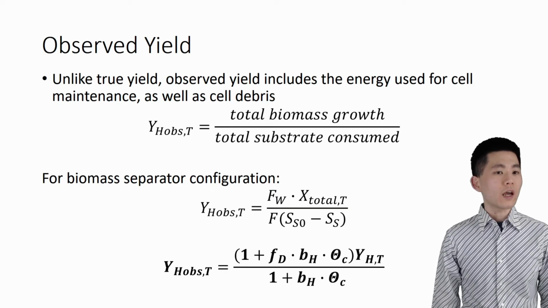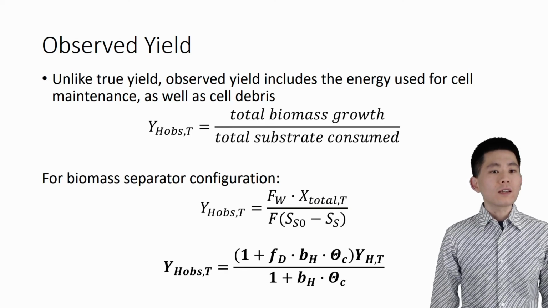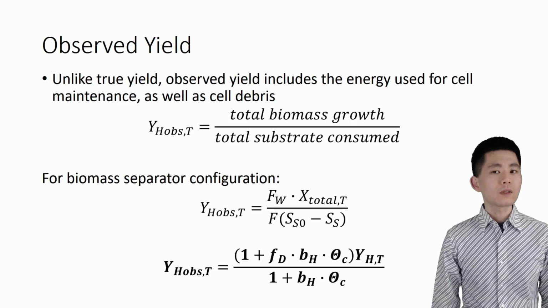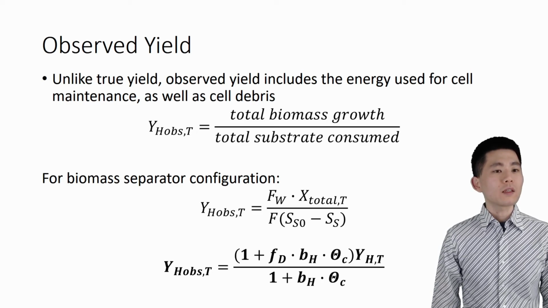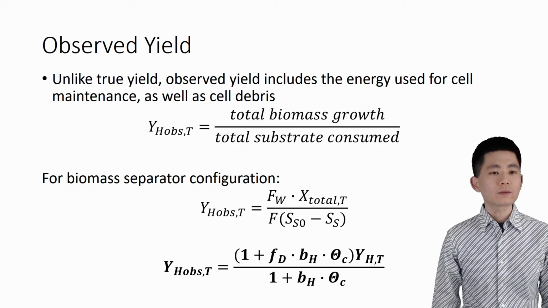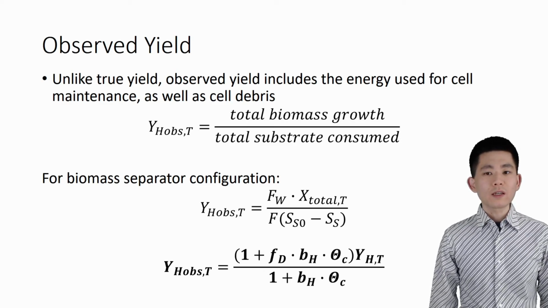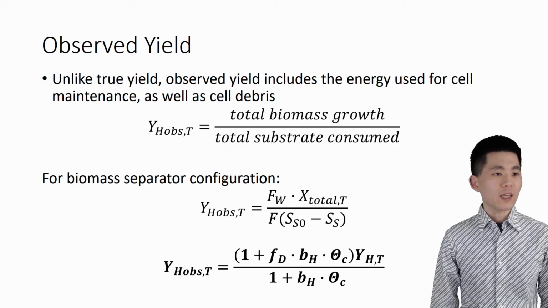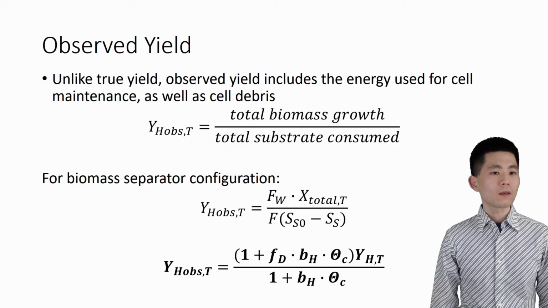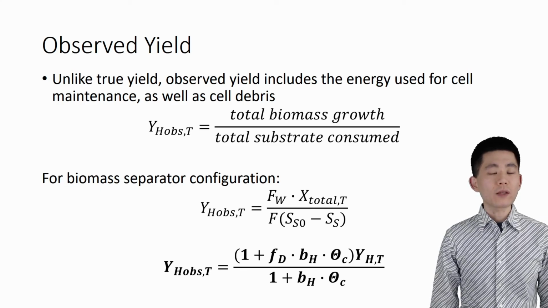FW over F actually equals HRT over SRT. So we can substitute the total biomass concentration and simplify the expression for observed yield into this. The observed yield is higher than the true yield as it includes the stoichiometry for decay. The unit for observed yield is gram TSS of total biomass generated per gram of COD substrate consumed.